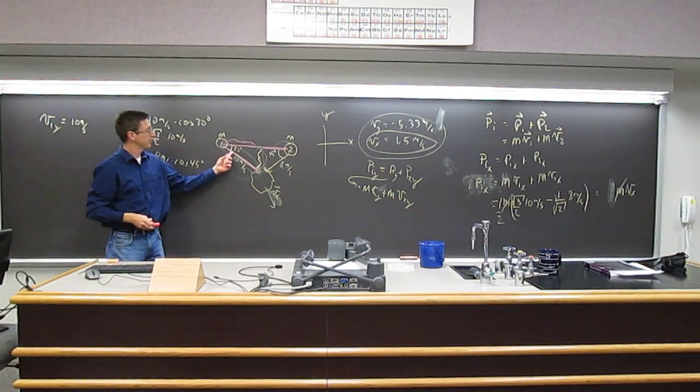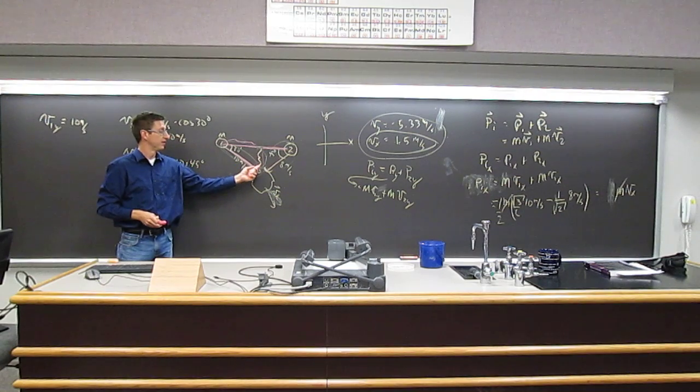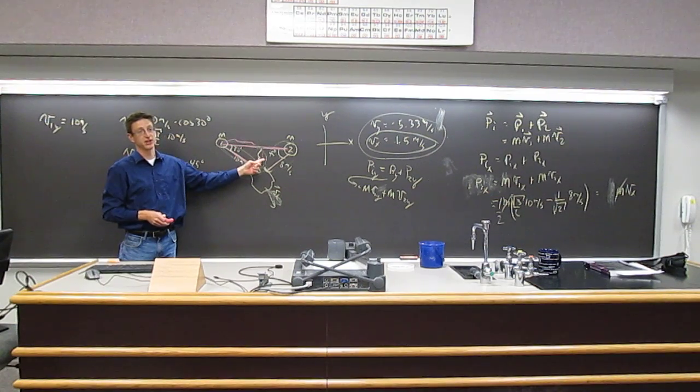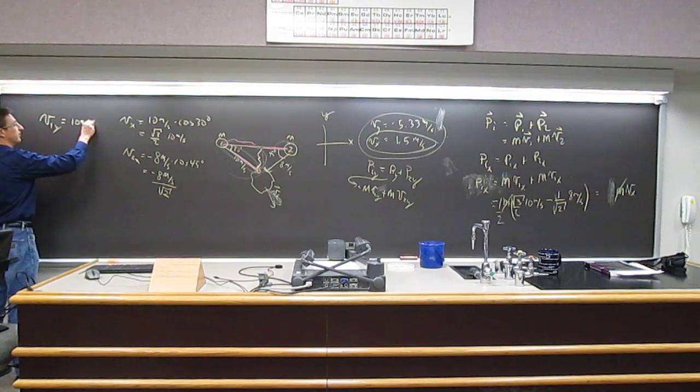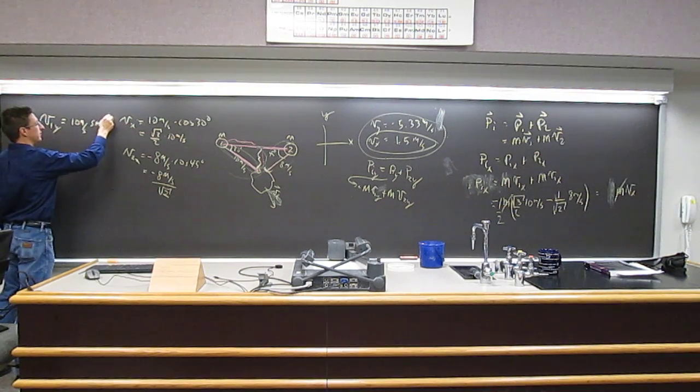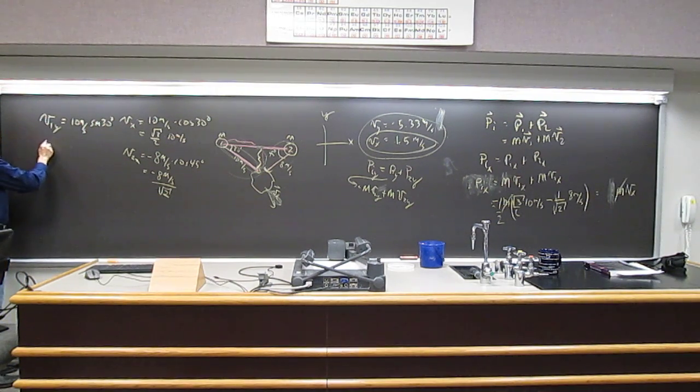If this is the hypotenuse, 10 meters per second, I'm looking at this side, so that's the opposite side. The opposite side is the hypotenuse times the sine of the angle, so sine of 30 degrees. And is it positive or negative? Negative. So I have to put a negative sign on that by hand.